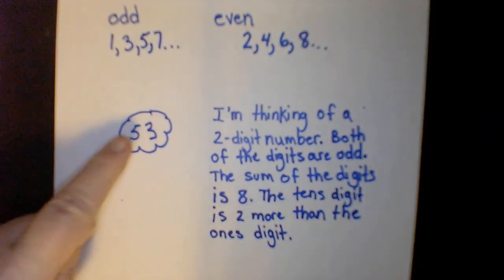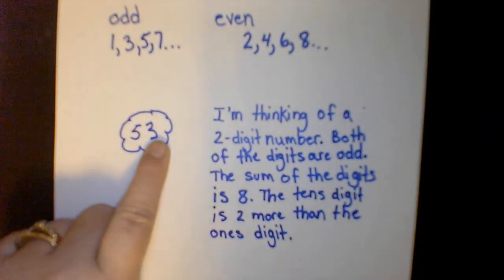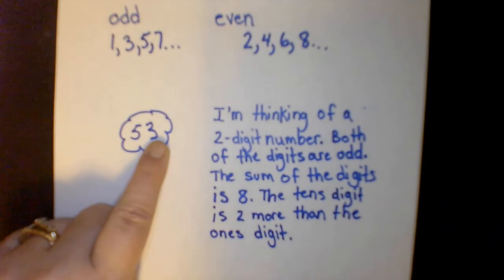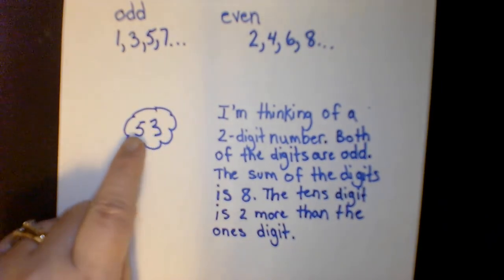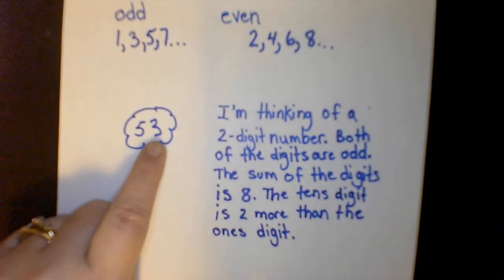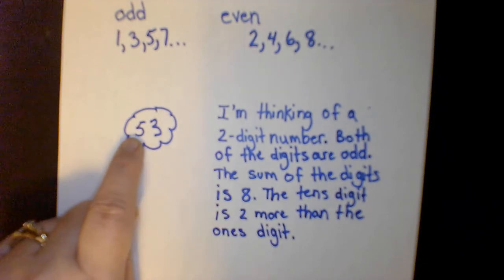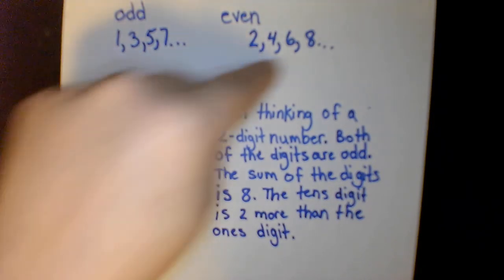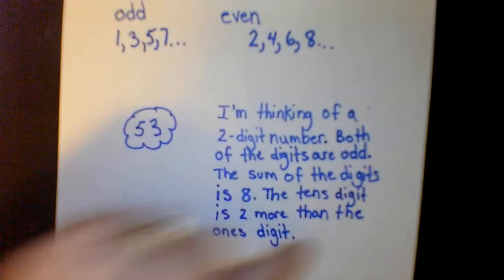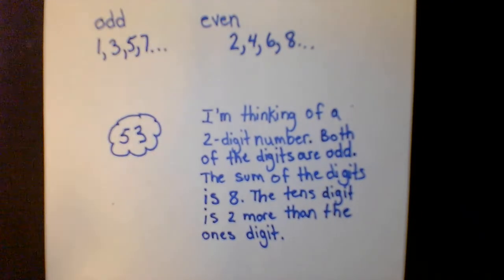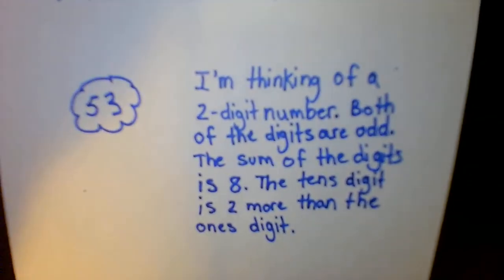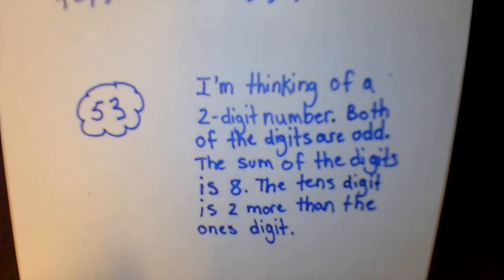Okay, so the tens digit is 5, the ones digit is 3. 5 is 2 more than 3. I have to add 2 to the 3 to make 5. And now my problem has enough information in it that somebody could do some thinking and figure it out.